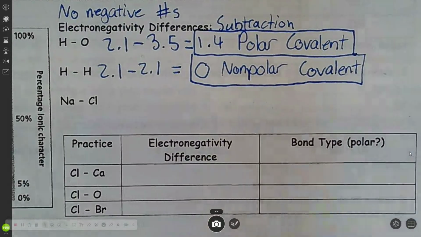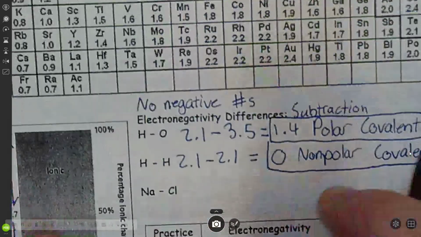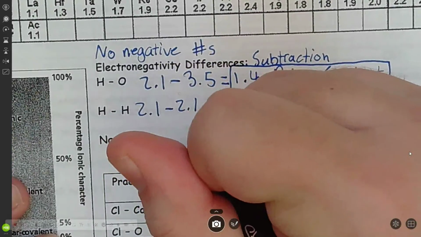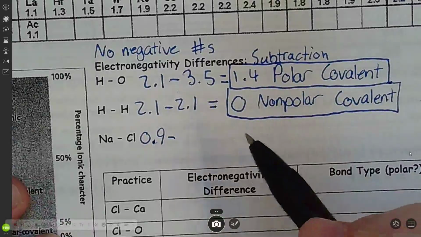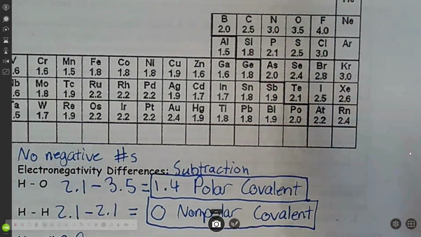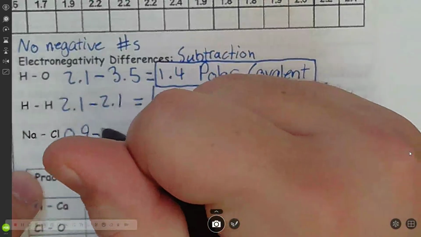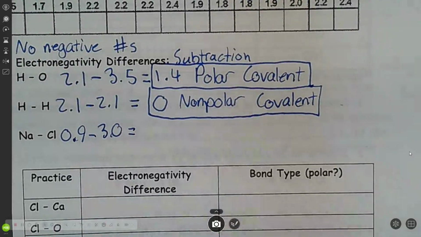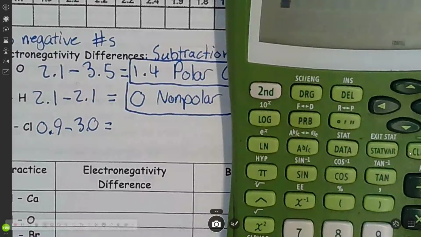There we go. All right, and our third example here, we've got NaCl. So Na has a value of 0.9, and we are subtracting Cl, which has a value of 3.0. 0.9 minus 3.0 will give us our answer here.